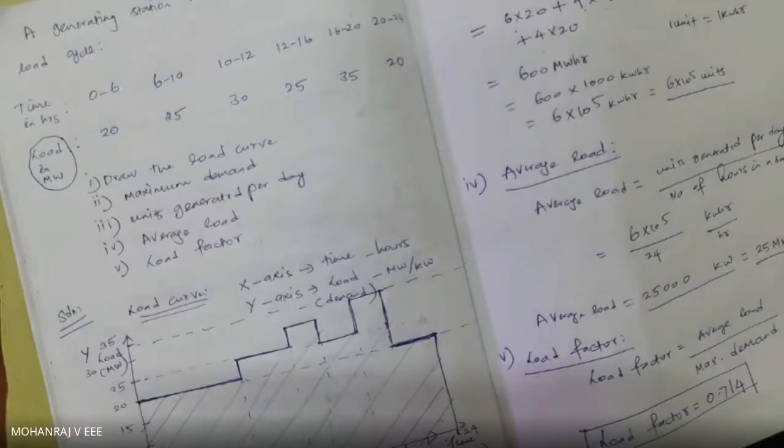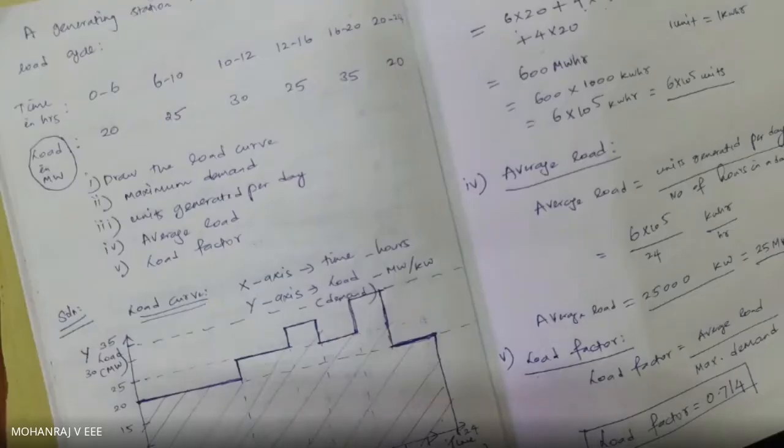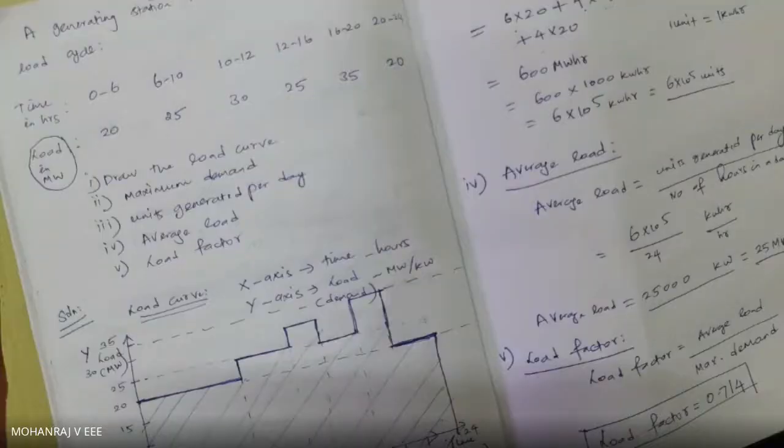Sir, no doubt. Is my note visible? Yes, sir. Do you have any disturbance in viewing my note? Any problems faced with respect to my note? No, sir. It's clear, sir. So far, it is good. Okay.